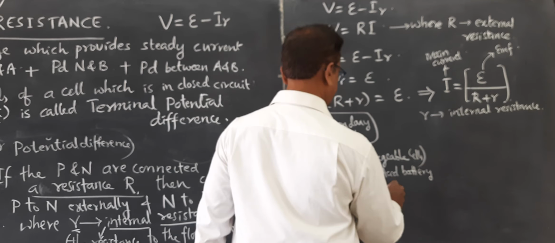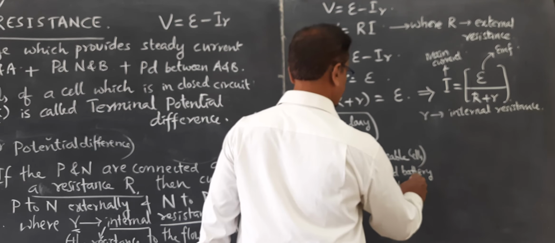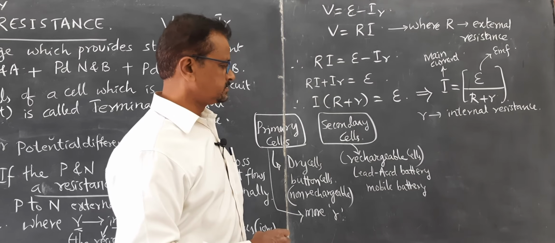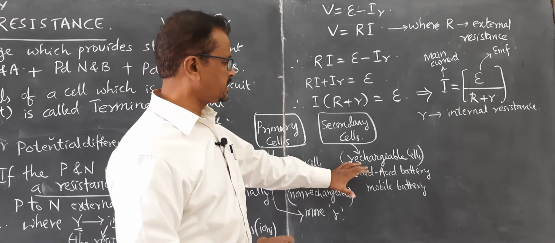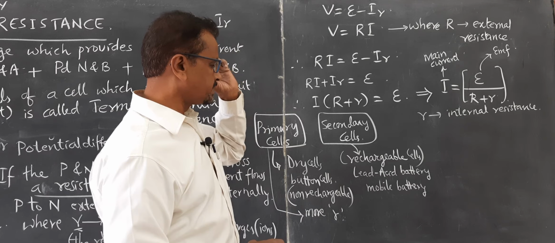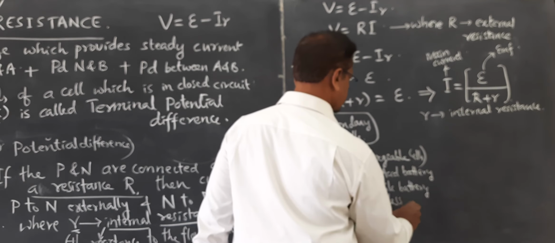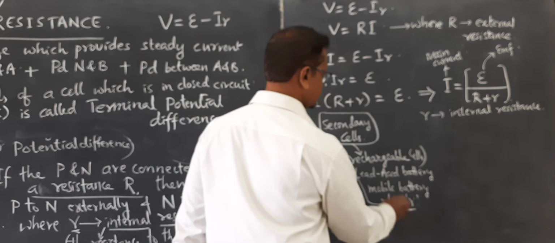Mobile battery or the laptop battery, whichever are rechargeable, are called secondary cells. Remember, these have less internal resistance.